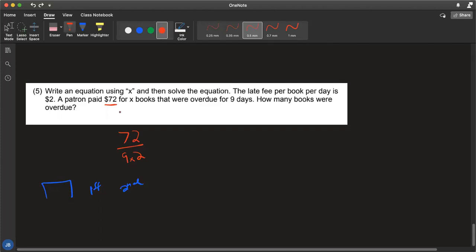So he paid $72 for X books. So we know at the end he pays $72, correct? Mm-hmm. If they're 9 days overdue, we know that's $2 per day. And so we need to know how many books. So we'll put a big X here for the number of books.